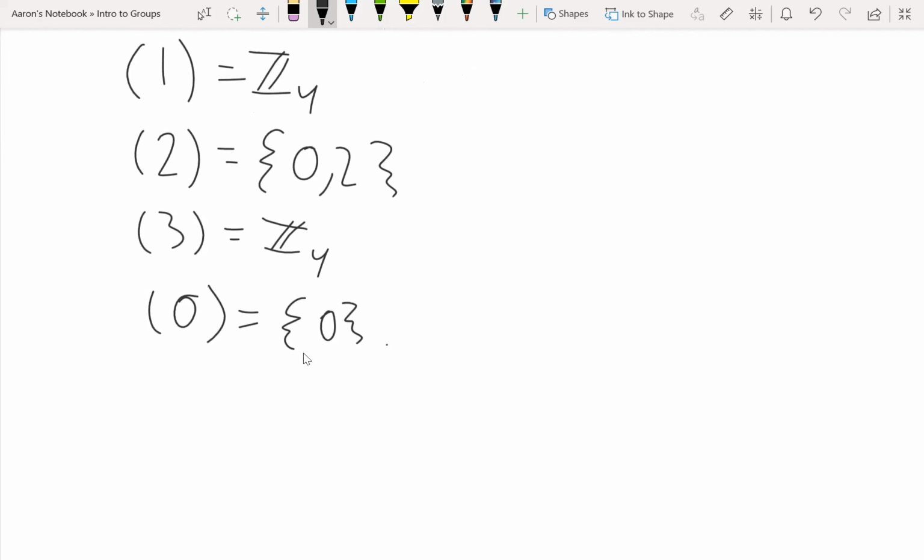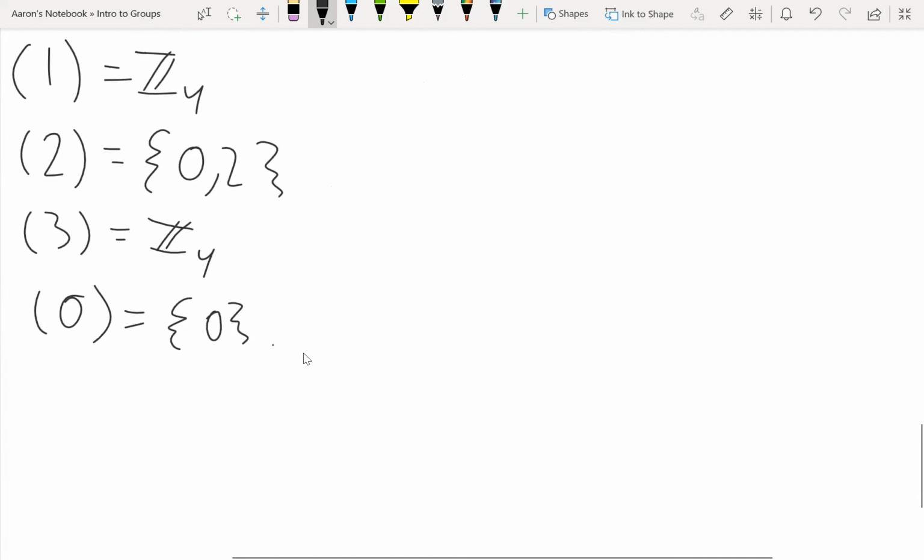So why do we care? Well, this is all well and good, right? We're dealing with integers under addition, mod whatever. But I've just shown you that every group is equivalent to some collection of symmetries on some graph.